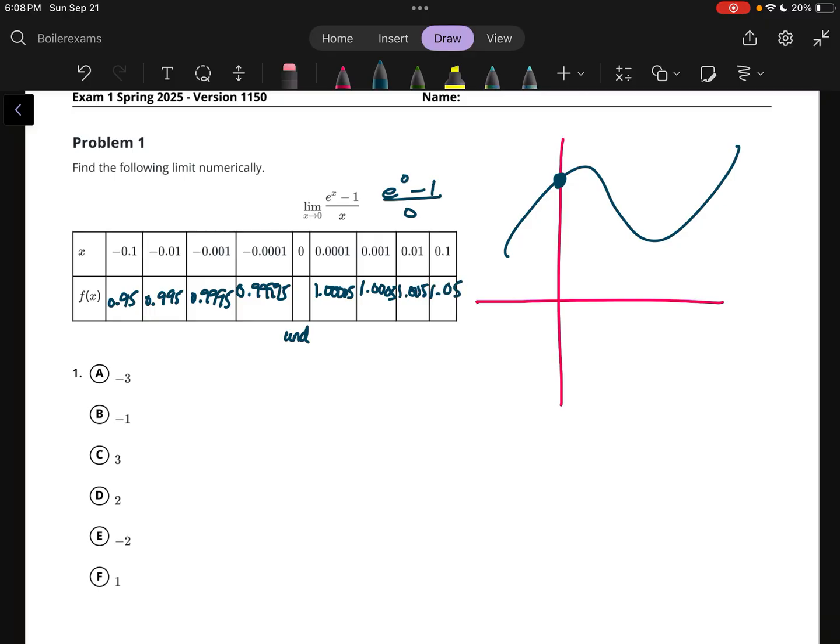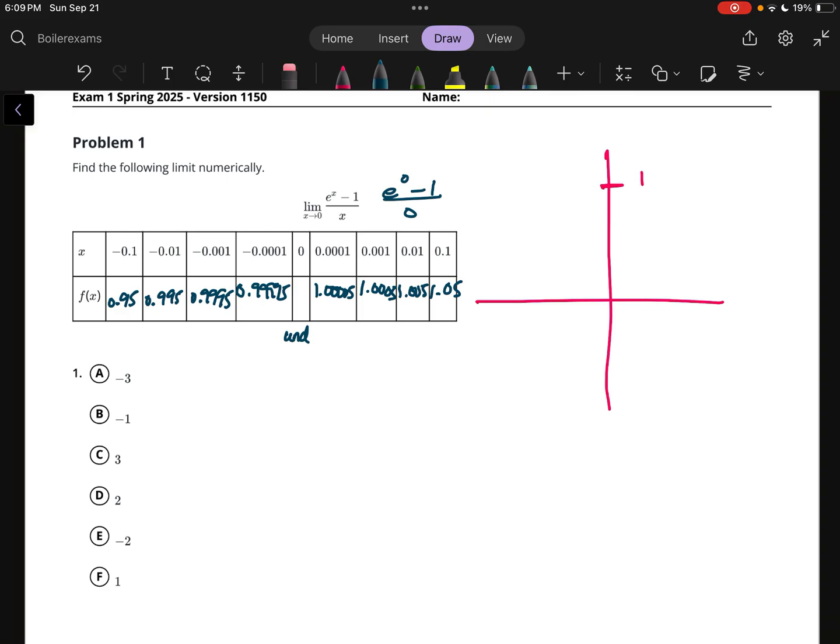So basically, if I were to plot our function, I don't know exactly what this function looks like, but if I were to plot it around the points they gave us, let's say this is 1.